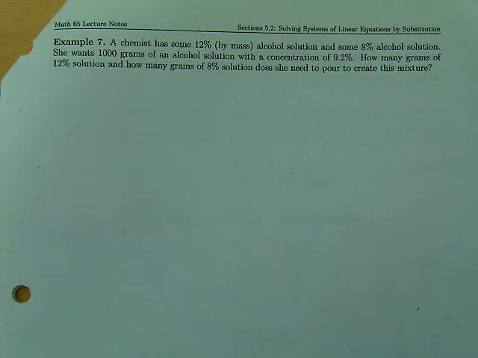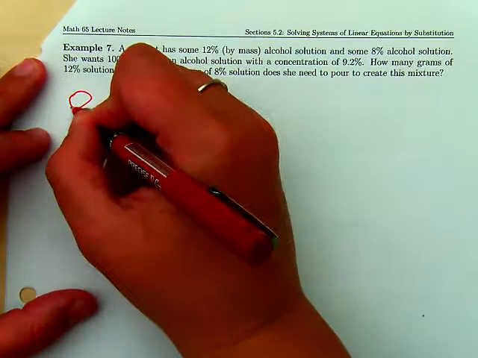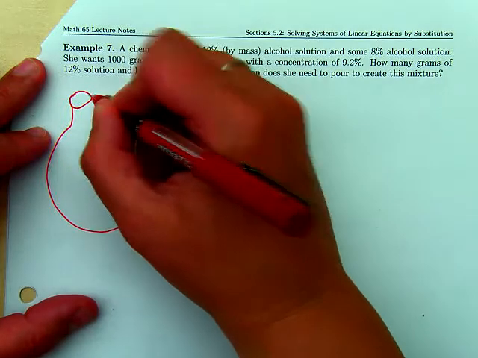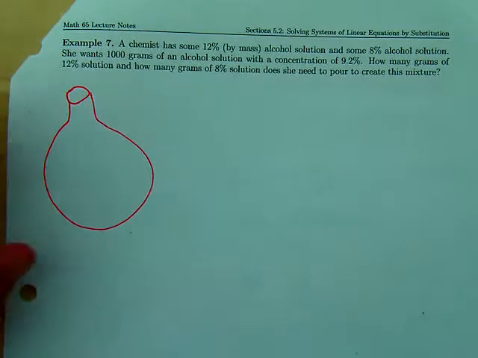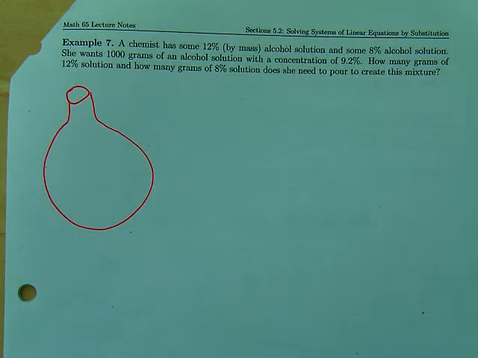Let's look at number 7. So there's this guy. He's a chemist, or a lady. Let's call her a lady chemist. I don't know why. And she has a beaker full of 12% alcohol solution. And she has another beaker of 8% alcohol solution.